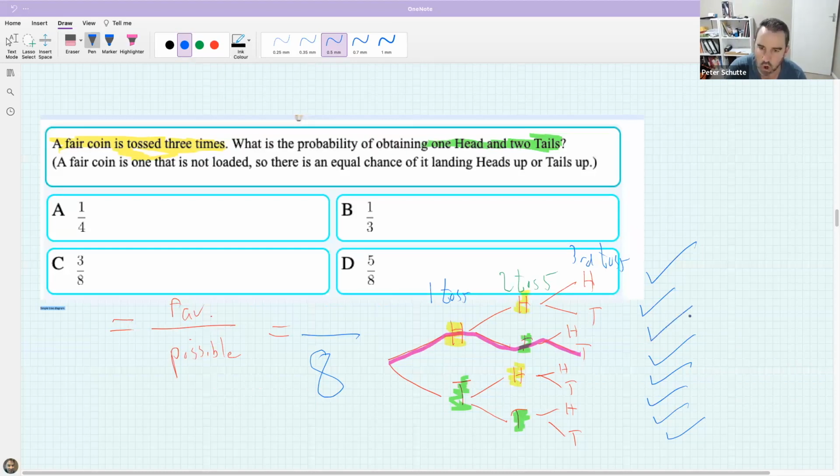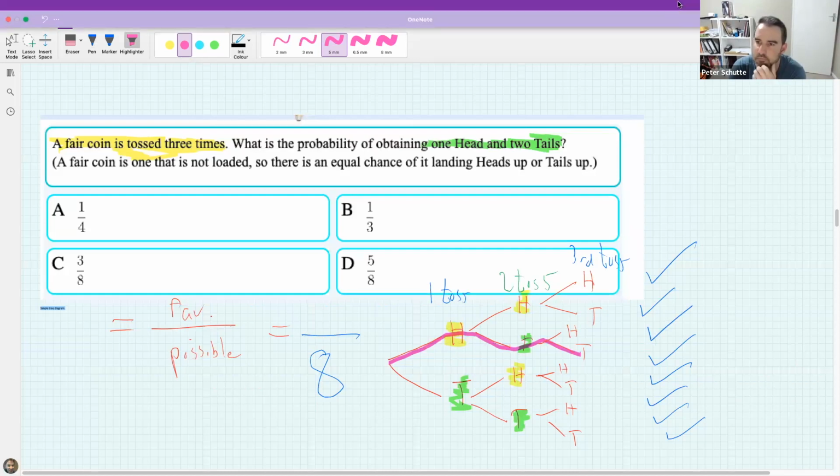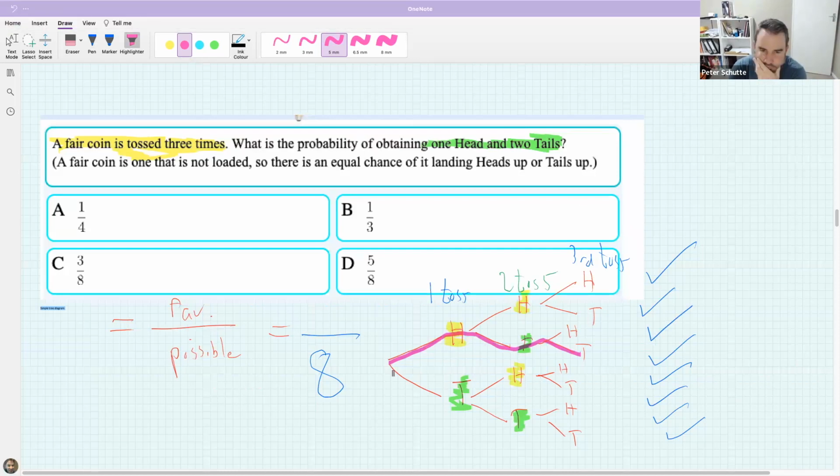How many more are there in this tree that you can notice that have 2 tails and 1 head? So tails, heads, heads won't work, but tails, heads, tails could work. And then we could also go tails, tails, heads.